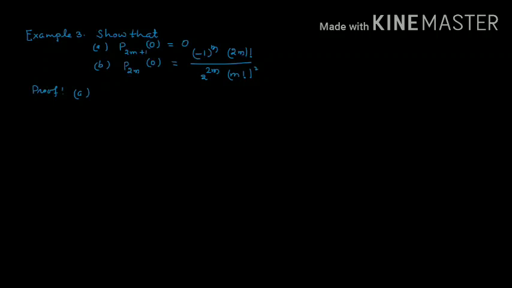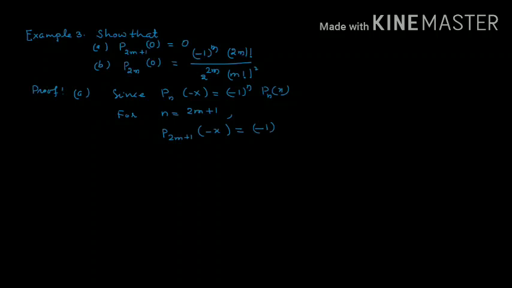A. We know that since Pn of minus x is equal to minus 1 to the power n Pn of x, for n equal to 2m plus 1, one gets P2m plus 1 of minus x equal to minus 1 to the power 2m plus 1 P2m plus 1 of x.